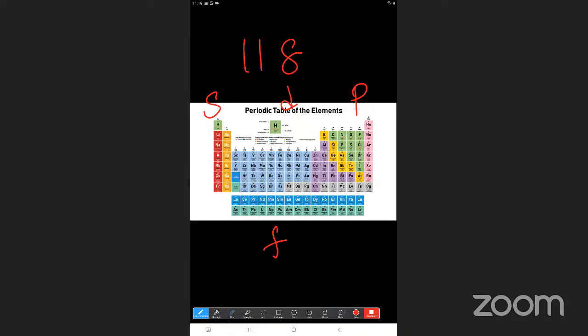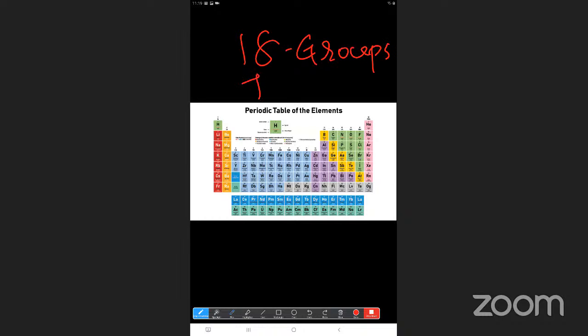Here we have a total of 18 groups and 7 periods. All the columns, 18 columns, and 7 rows. Numbering starts from the S block with 1, here this is 2, and so on up to 18.